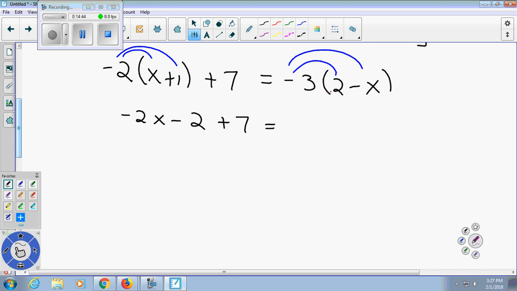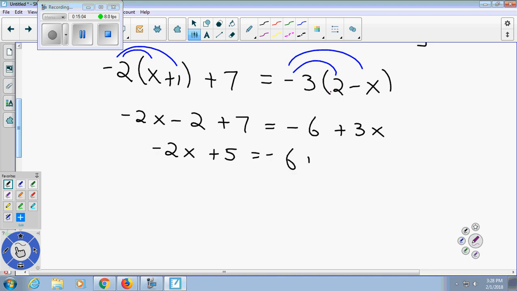That is equal to -6, but now it's going to be plus 3x. Simplifying only on the left this time, we have -2x, now we have a positive 5.